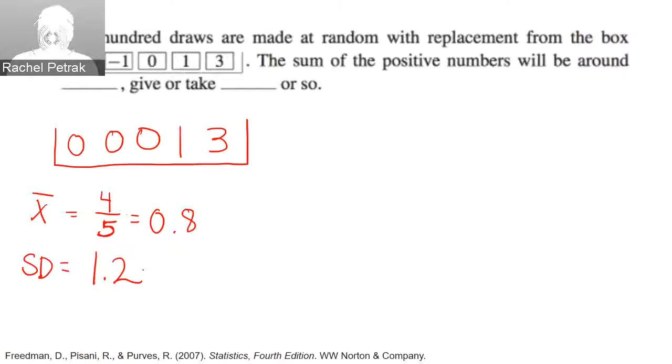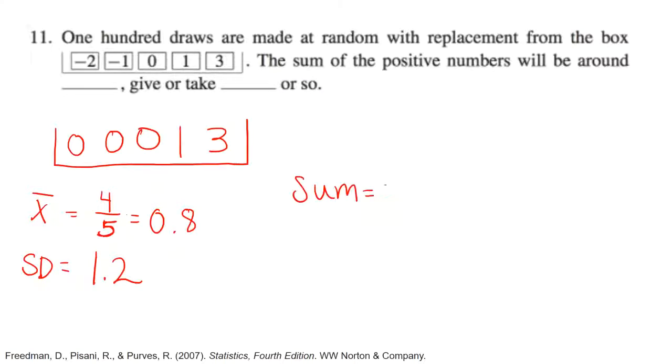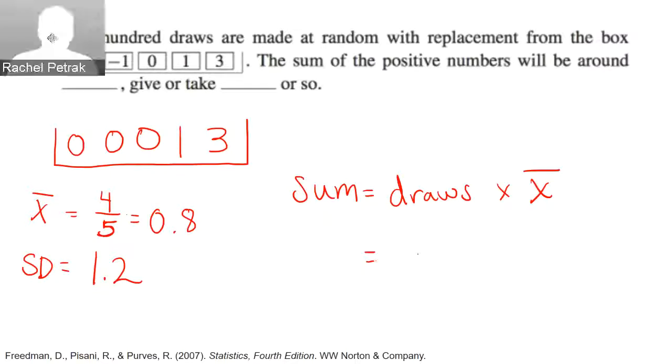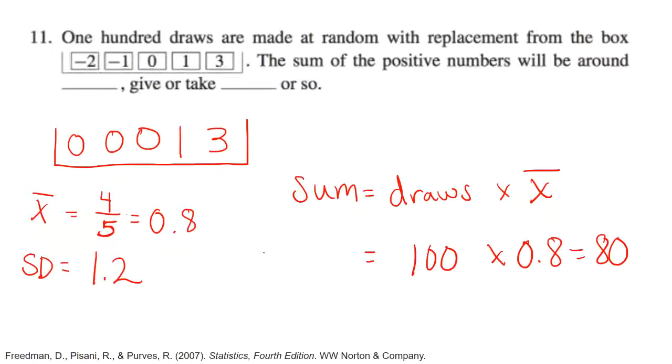So what will the sum be about? The sum across 100 draws? We've got 100 draws times an average of 0.8. It's 80, give or take a standard error of about 12 or so.